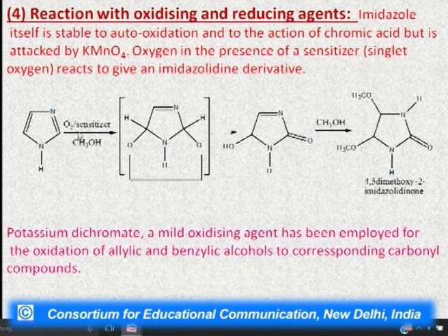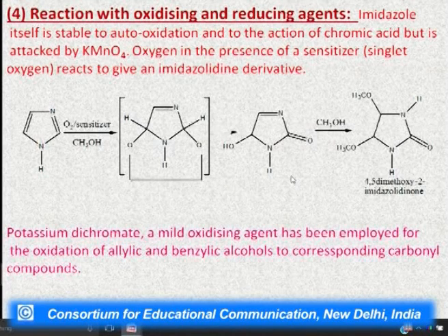It will react with oxygen in the presence of sensitizer and methanol. It will make an unstable state which will convert immediately into a cyclized state, which on reaction with methanol will give us 4,5-dimethoxy-2-imidazolidinone. So, oxidation will take place.